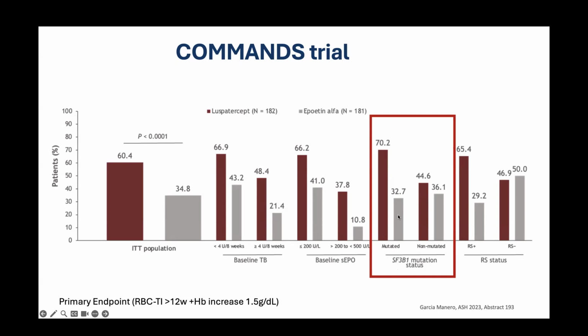So compared to an ESA, one of those prior drugs, the response rate is quite different with luspatercept versus an ESA. But in the non-mutated population, it's a little bit more subtle, not as robust. So again, mutations really do matter, and this is something I'm going to come back to in every context.